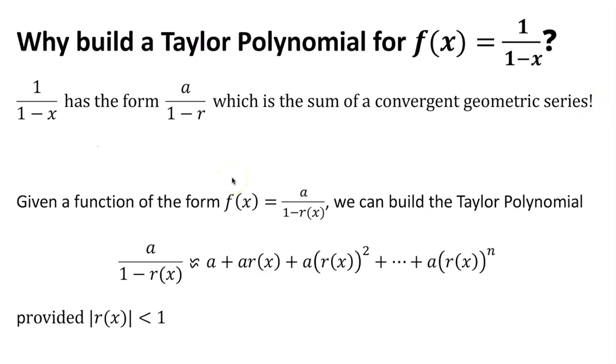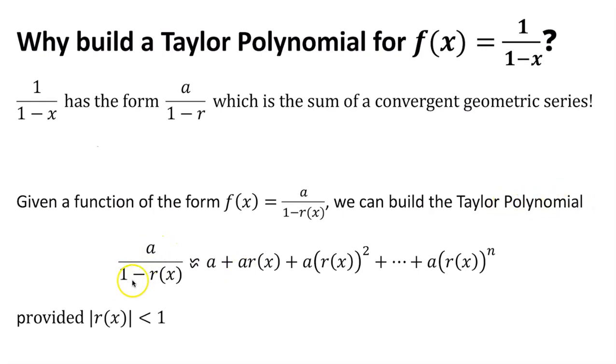So what we want to do is extend this idea. We were able to easily build a Taylor polynomial for 1 over 1 minus x. Turns out, given a function of the form f of x equals a over 1 minus some r of x, we can build the Taylor polynomial.